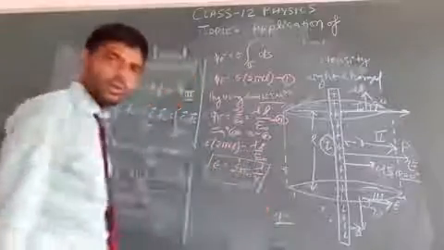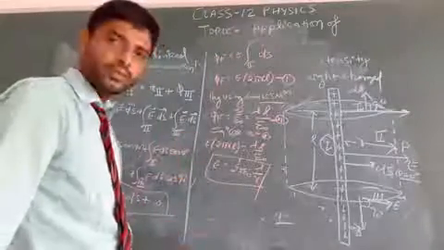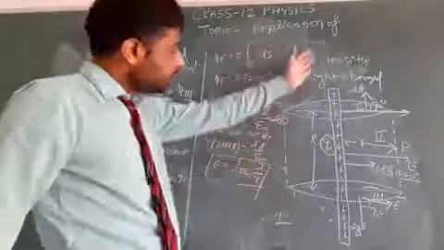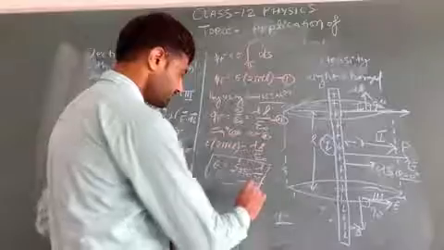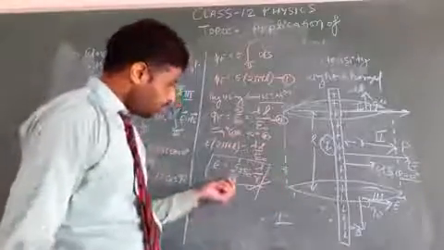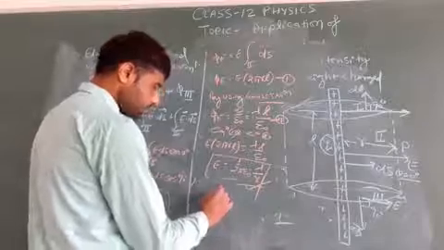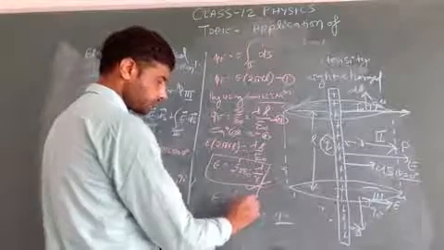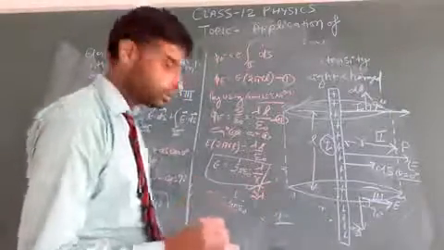This is the value of electric field intensity for an infinitely long charged wire. 2 pi epsilon naught. You can write E equal to 1 upon 4 pi epsilon naught by multiplying and dividing by 2.